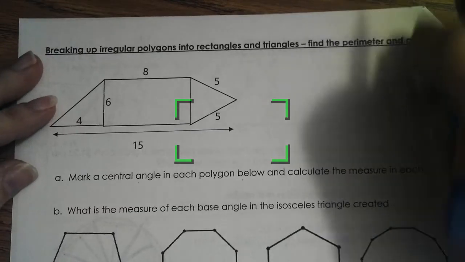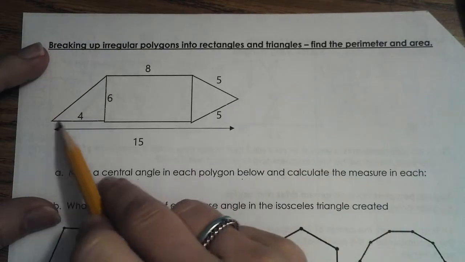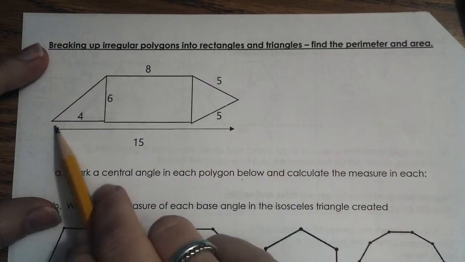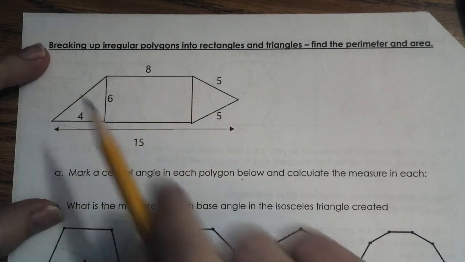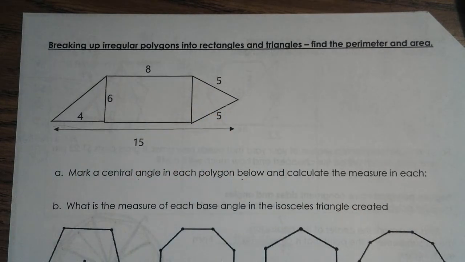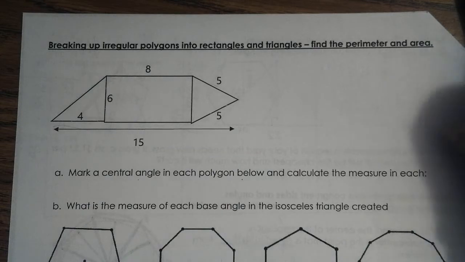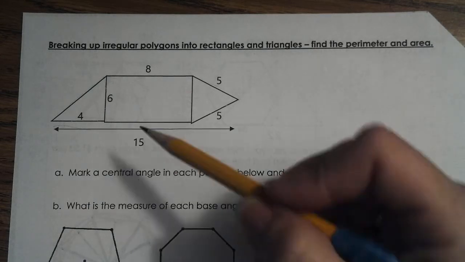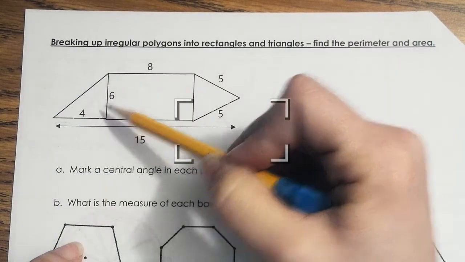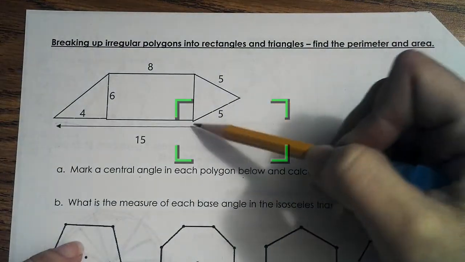All right, the next page. Not going to focus too much on this. Just know that there's not a formula for finding the area or perimeter of a shape like this. But you can always break it up into shapes that you do know the formulas for. So if you drew a line here and here, that would make this a triangle.